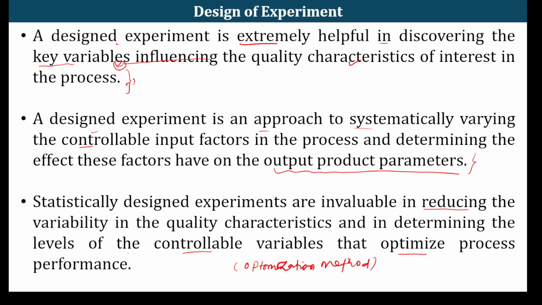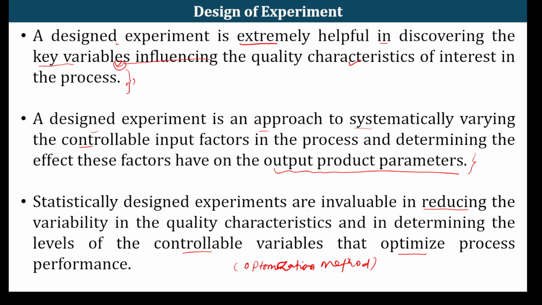So the main objective of the design of experiment is to optimize the full process, so that we can reduce the variability in the quality characteristic and determine the level of the controllable variables. We can check how far a factor can go at maximum, let's say 10% of a chemical composition. There will be a range, maybe from 5% to 25%.